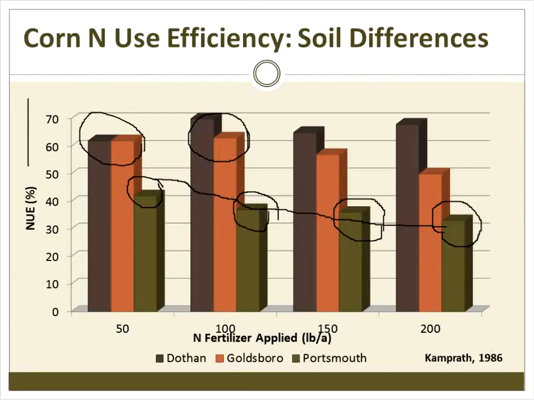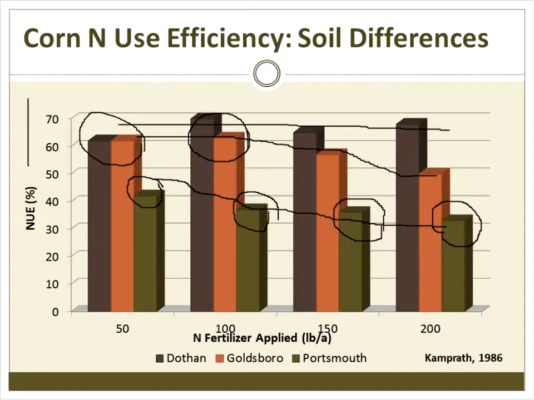The nitrogen use efficiency, if you look for the Dothan, it stayed pretty much around 65 the whole experiment. And yet, if you look at the Goldsboro, it went from about 60 down to about 50.